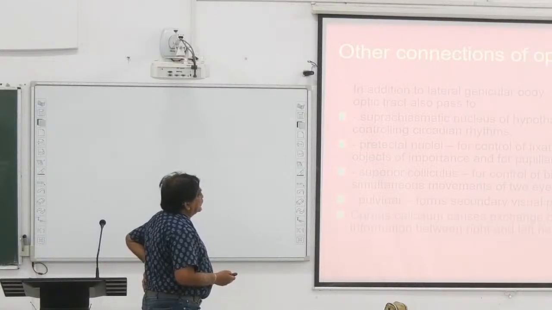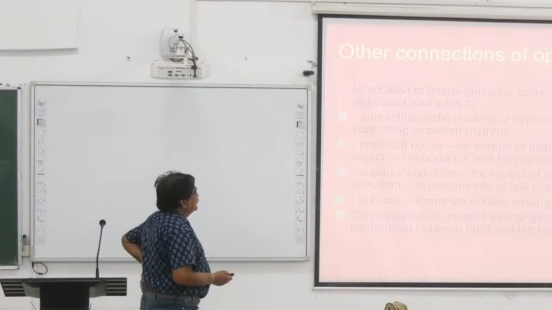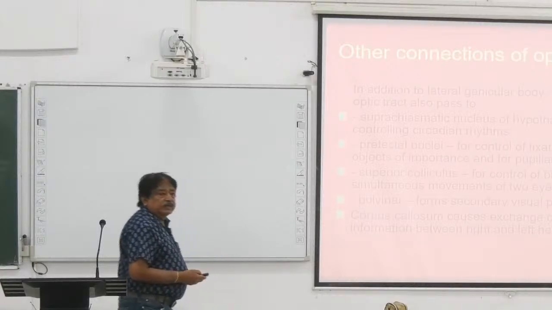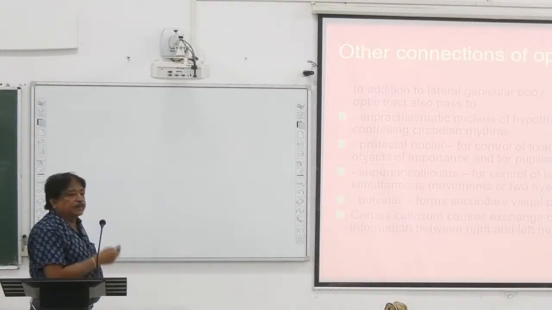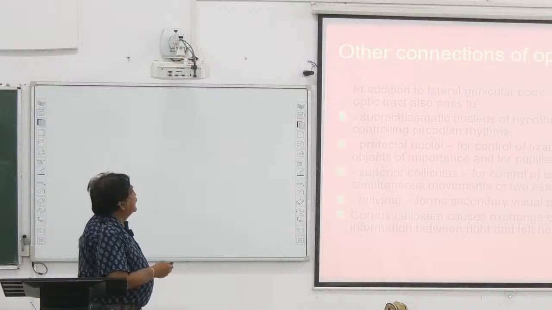The corpus callosum causes exchange of visual information between the right and left hemispheres. This part is very important.